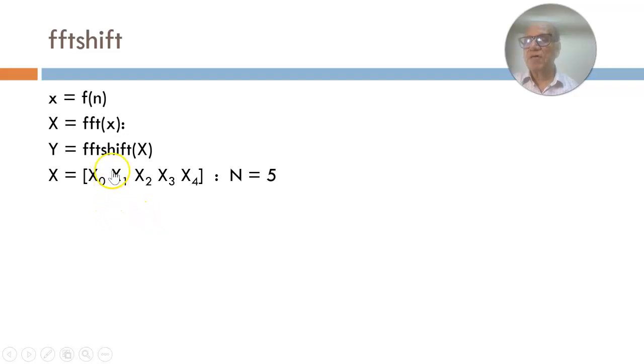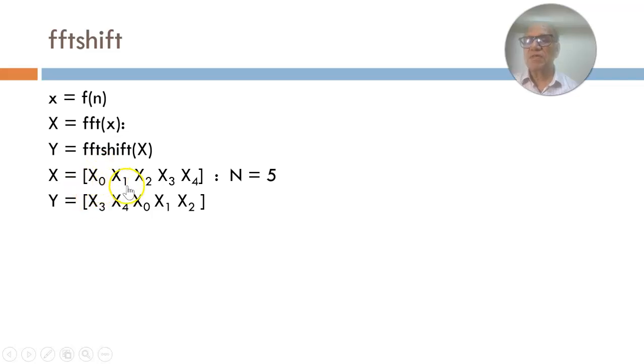Then what the FFT shift will do is shift this x0 to the center of the sequence and then swap x3, x4 with x1, x2. So when FFT shift is performed, y will look like this: x0 comes at the center, x3 and x4 are swapped with x1 and x2. So you get x3, x4, x0, x1, x2. So that is what the FFT shift function does.